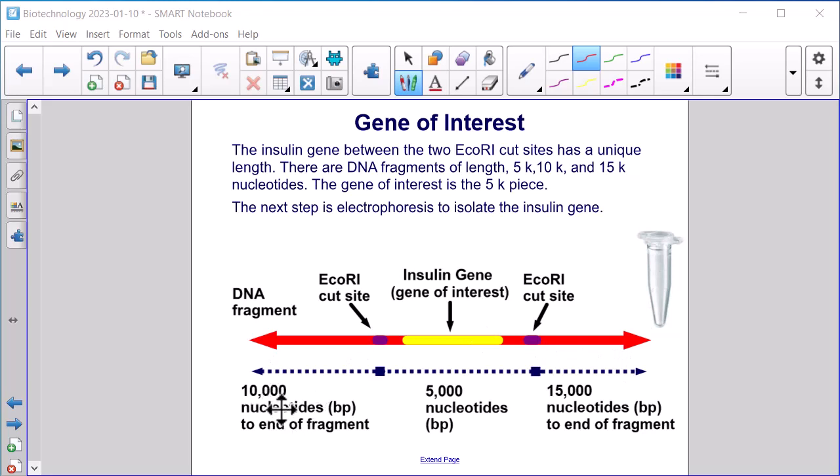One that has 10,000 nucleotides from this cut site to the end of the fragment. The one in the middle has 5,000 nucleotides, and our gene of interest, our insulin gene, is here. And then our other fragment has 5,000 nucleotides to this end of the fragment.